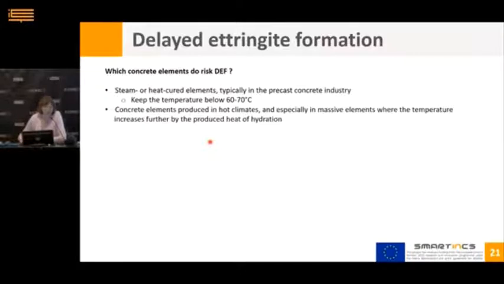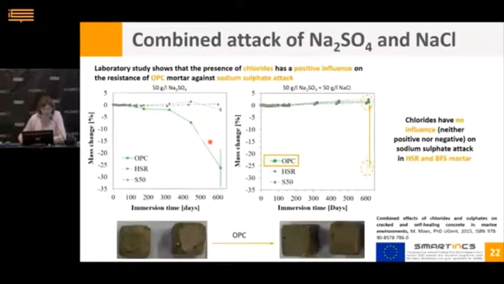Also in hot climates, you can have these high temperatures, especially in massive elements where you even have, due to the heat of hydration, a further increase of the temperature inside of your concrete. So knowing where it can happen helps us in order to identify how we should reduce the risk of having this.